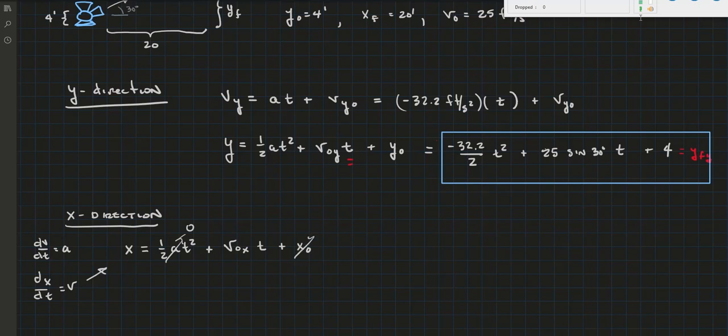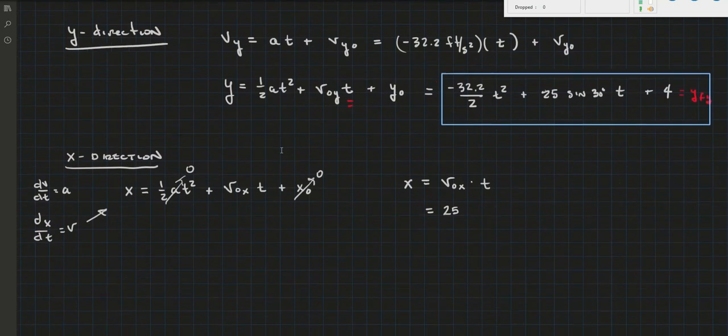And then since we're starting at 0, this is also 0. So really what we're looking at here again is x equals the velocity in the x direction times t, and the velocity in the x direction for this is the cosine of 30 degrees times 25 feet per second, times t, and the distance we're moving is 20 feet, so we can solve for t.